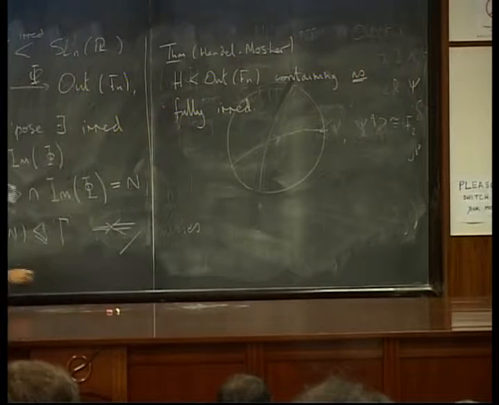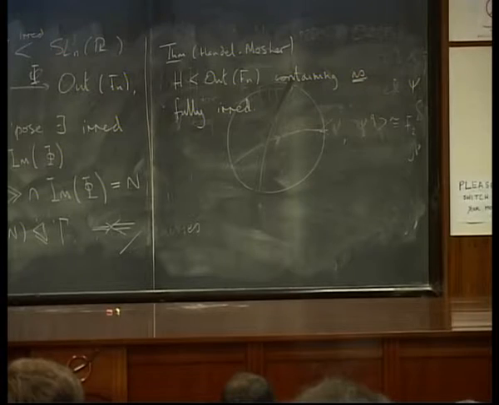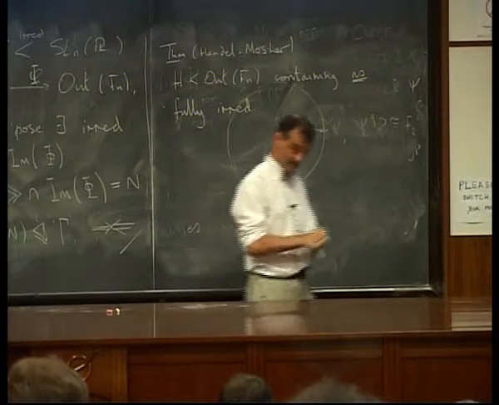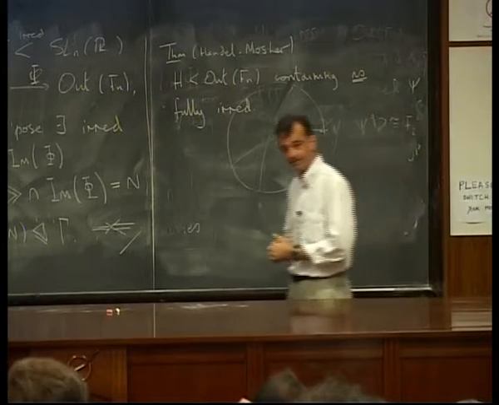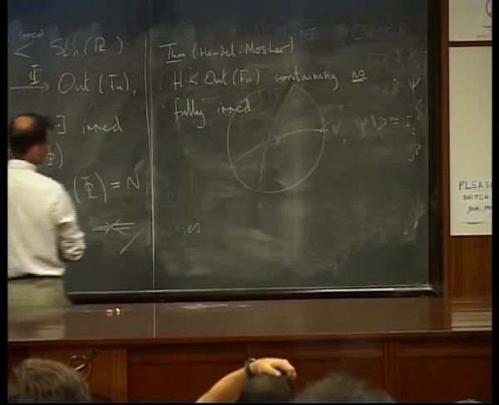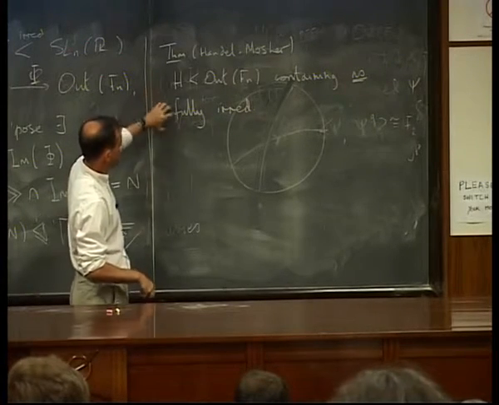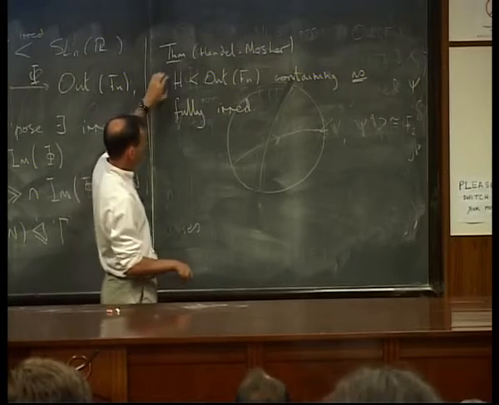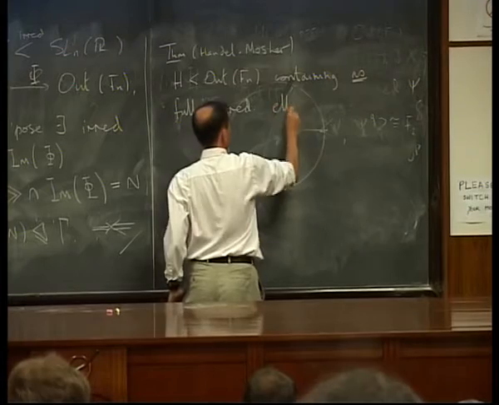Now, the technical definition of a not fully irreducible element is something which leaves a proper free factor invariant. It's what you expect. It's got some subobject, a proper free factor of the free group, invariant. And what they do is they go from the individual level to the subgroup level. So you've got a subgroup of Out(Fn) containing no fully irreducible elements.